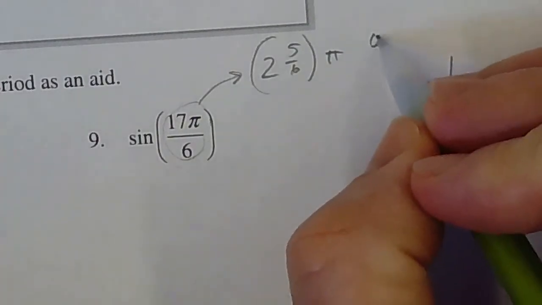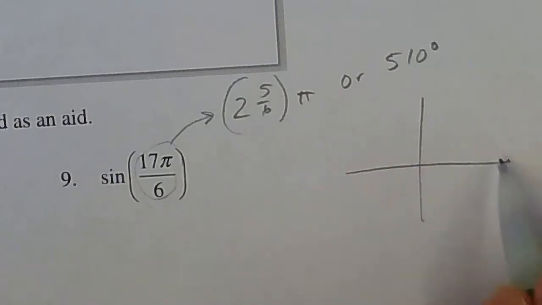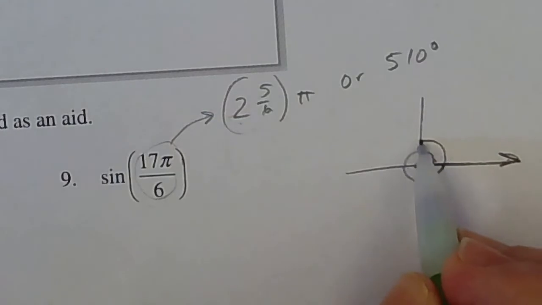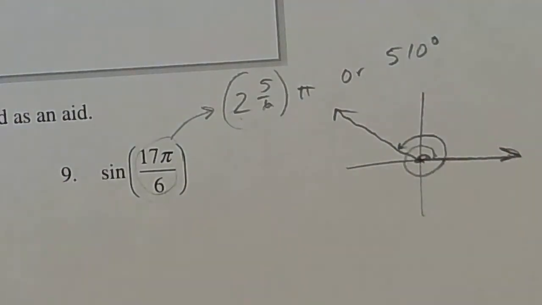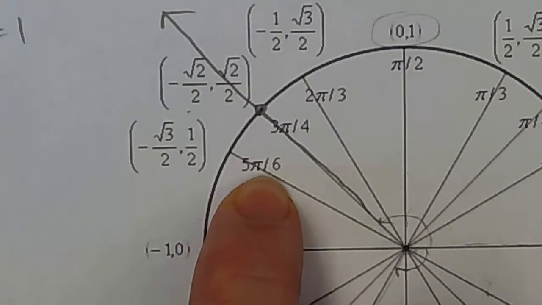Or this is 510 degrees, if you want to convert it and use your 5.1 skills. So 2 pi rotates around like this, and then what do I have left over? 5/6 pi more, which is 5/6 of a straight angle, somewhere around here. And it's labeled again on our unit circle right here as 5/6 pi.